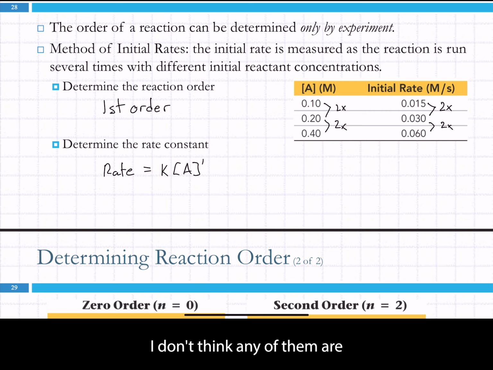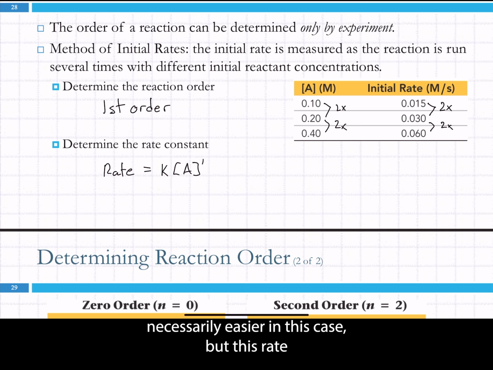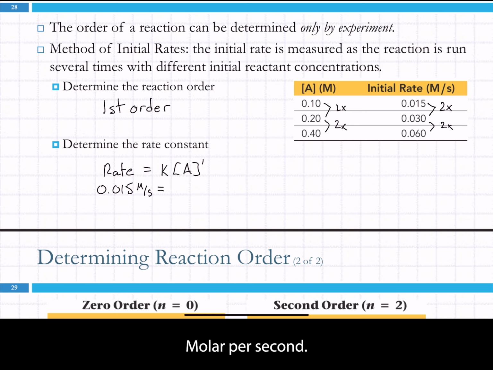I don't think any of them are necessarily easier in this case, but initial rate 0.015 molar per second equals k times the concentration, so we divide, which should just be 0.15.